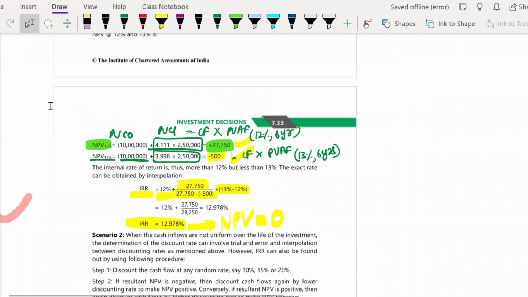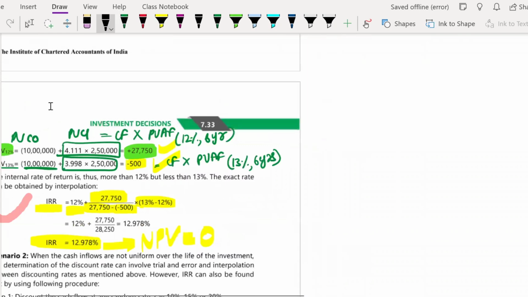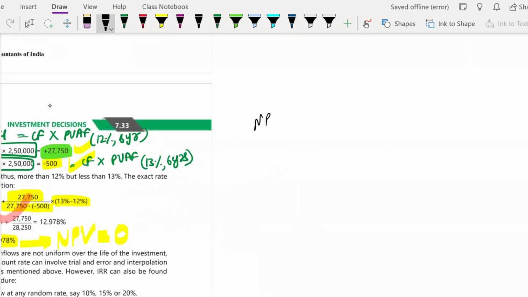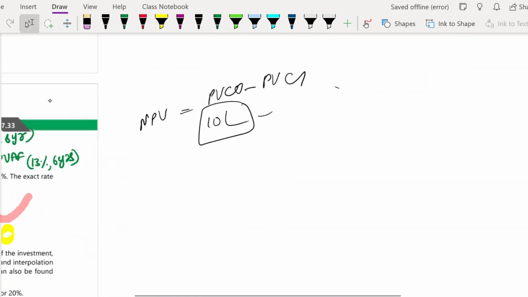Oh, there is one person who has asked me to repeat for the final time. I'm going to repeat this. If you don't understand, then after the class, you can come and ask me. So how do you find out NPV? Present value of cash outflow minus present value of cash inflow. Your present value of cash outflow was 10 lakh rupees. Your present value of cash inflow, you have to find out using the discounting factor.